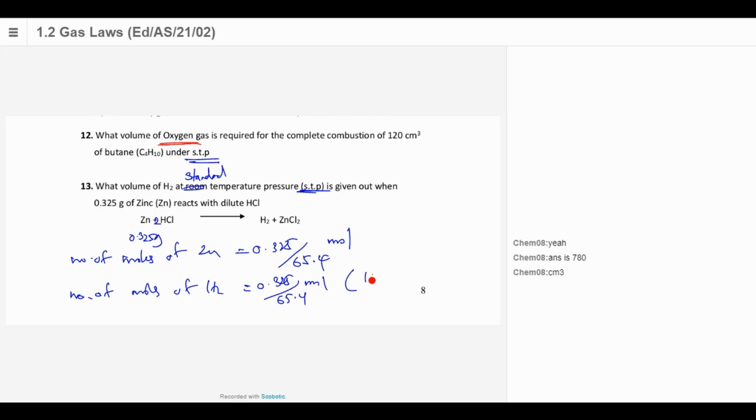The reason is the 1:1 molar ratio. Then you can find the volume of hydrogen, which is the moles times the molar volume. I get the volume in dm³, 22.4 dm³. What's the answer?